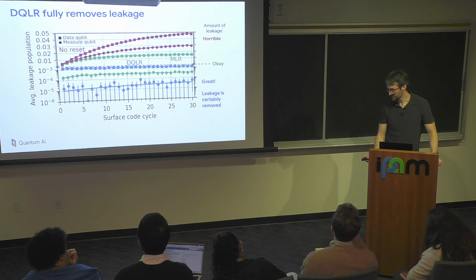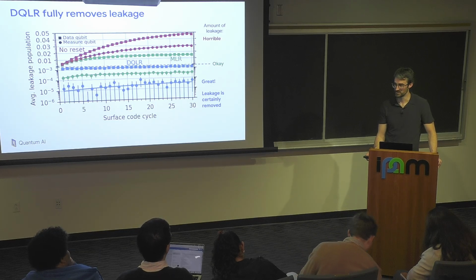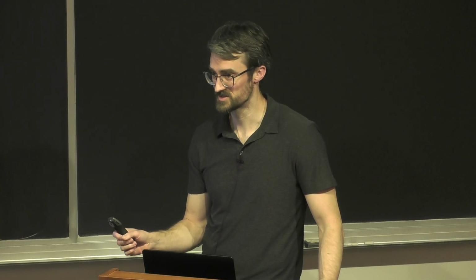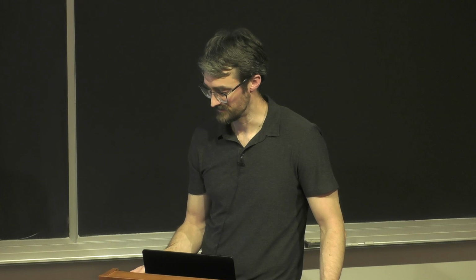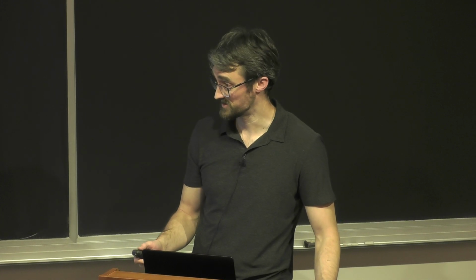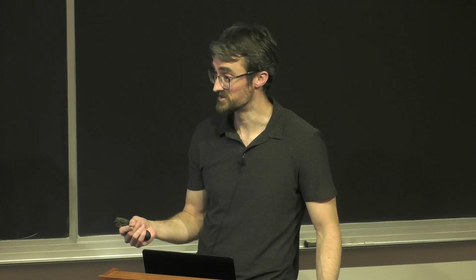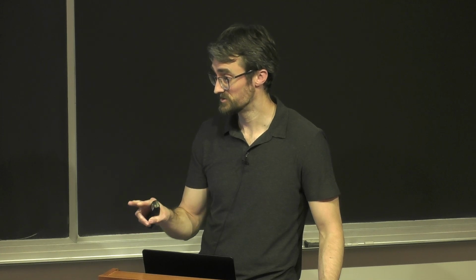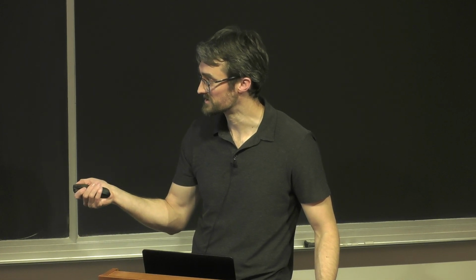So one way of thinking about these leakage removal processes is in terms of efficiency. So if leakage is present, what is the probability that it gets removed? If the efficiency is 99% and leakage probability of being generated is 1%, then you get 2 factors of 100, right? 1% times 1%, and you get something like 10 to the minus 4.